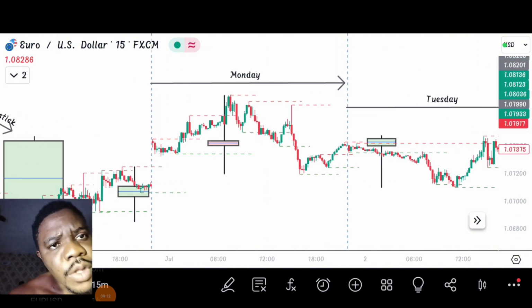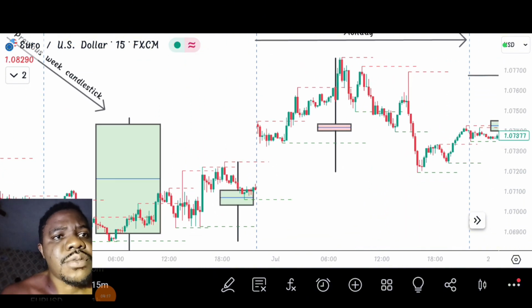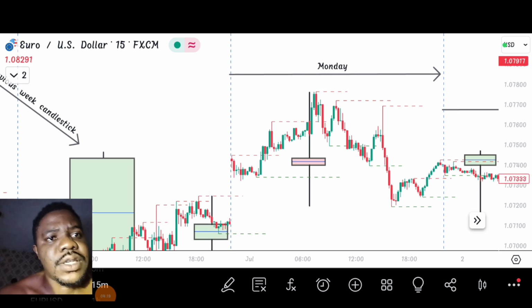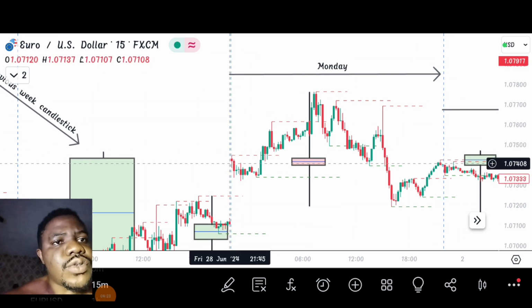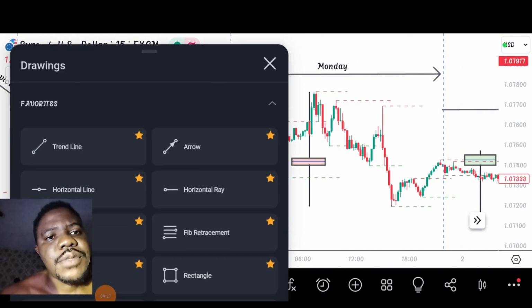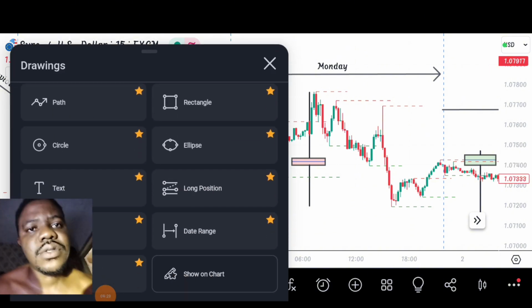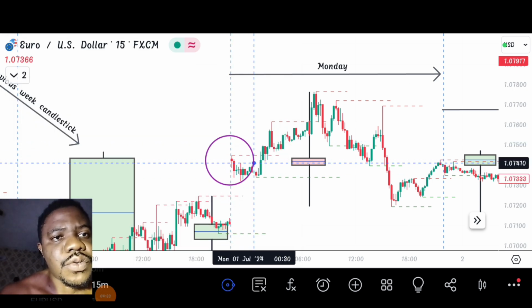So the first candlestick after the session break line. Where's the session break line on Monday trading range? This is it here. This is Monday trading range. This is our session break line. Let me highlight this part of the screen so you see it. This is our Monday trading range line here.